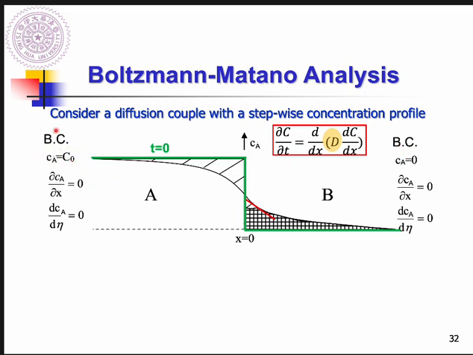For example, the concentration of A equals C0 on one side, and at negative infinity there is no concentration gradient. On the right-hand side, at positive infinity, there is also no concentration gradient, no flux of atom A.